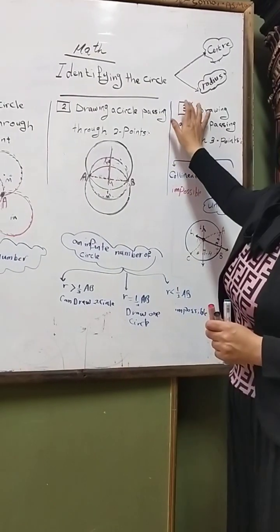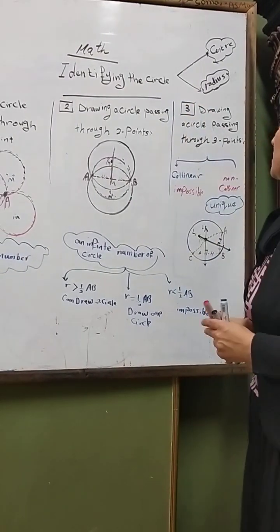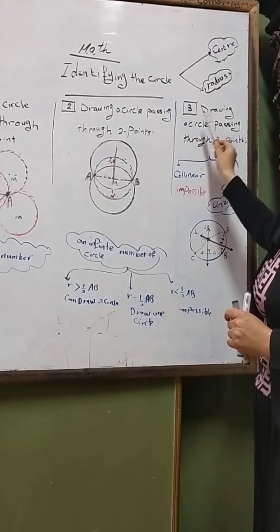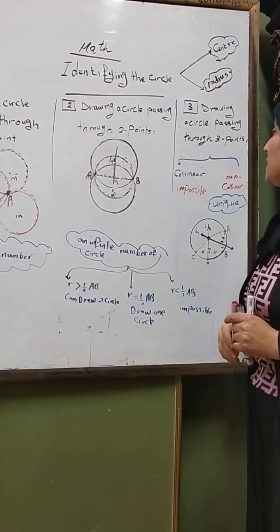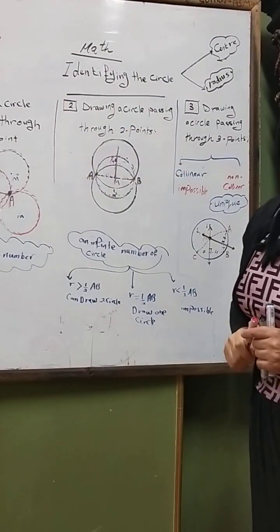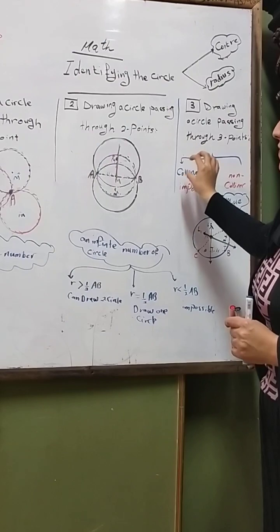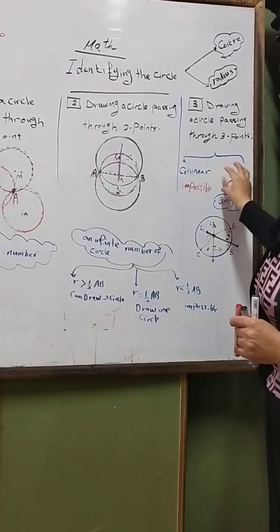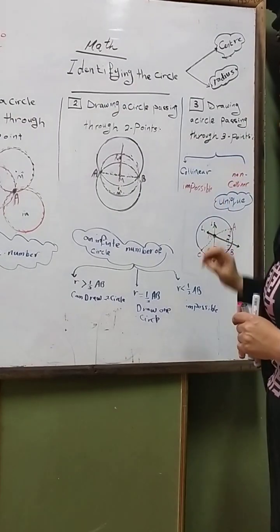The third case we will talk about now is drawing a circle passing through 3 points. Drawing a circle passing through these 3 points, we will talk about 2 important cases, which are if these 3 points are collinear or non-collinear.